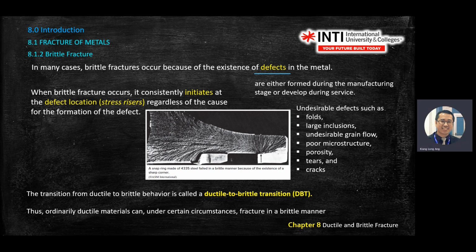It depends on the operation. Sometimes sharp corners are good, but sometimes they are bad, especially in power transmission areas. Sharp corners are very bad because they are the area where cracks will happen.